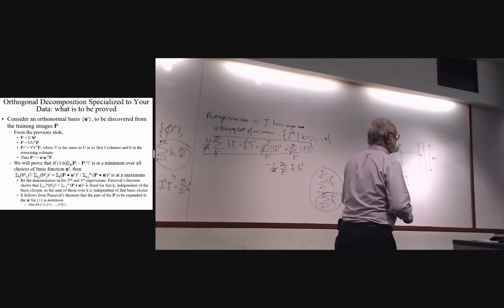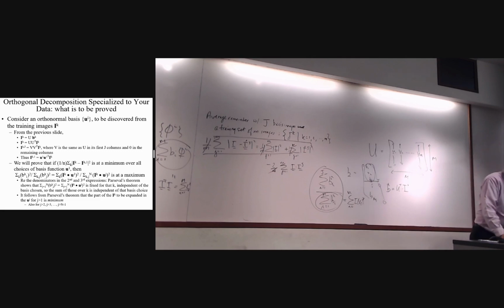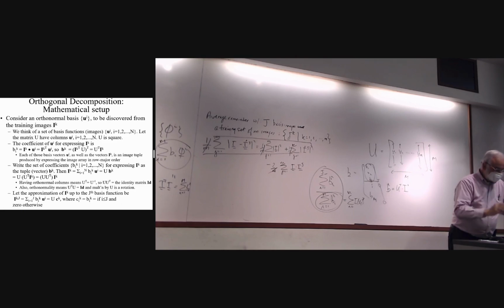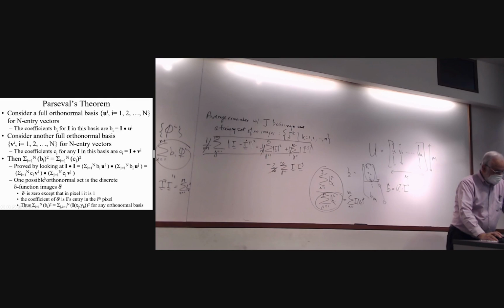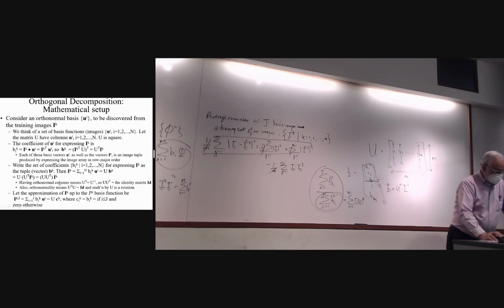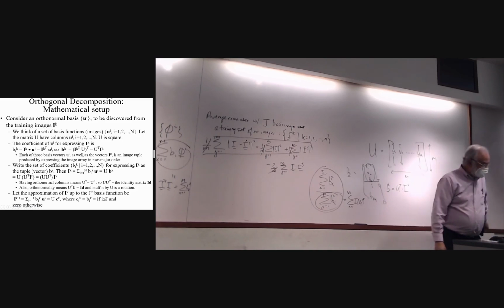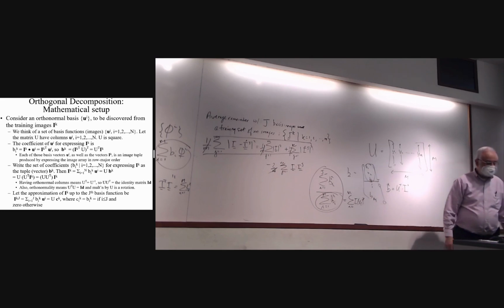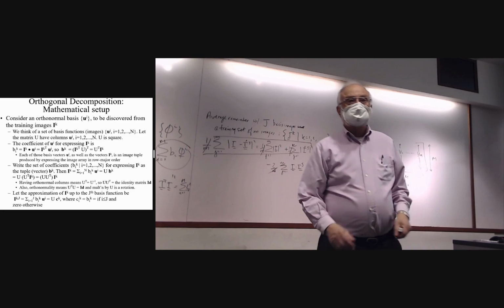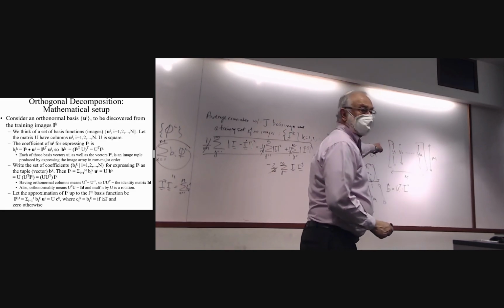Okay, so if I multiply this B vector by U, I get U transpose IK, and if the columns of this matrix are orthonormal, it turns out that its transpose is equal to its inverse. That's true of any matrix with orthonormal columns.